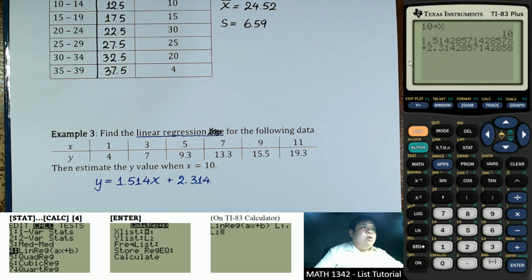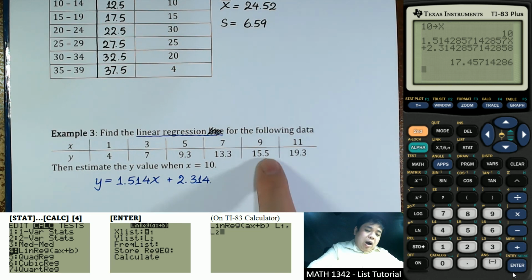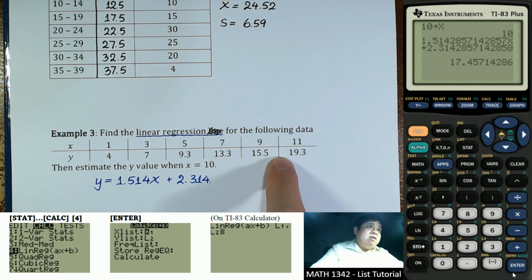We calculate all of that, and that's what we have. So when x equals 10, y is about 17.45.